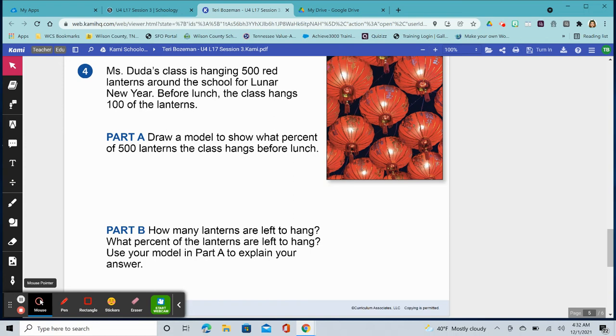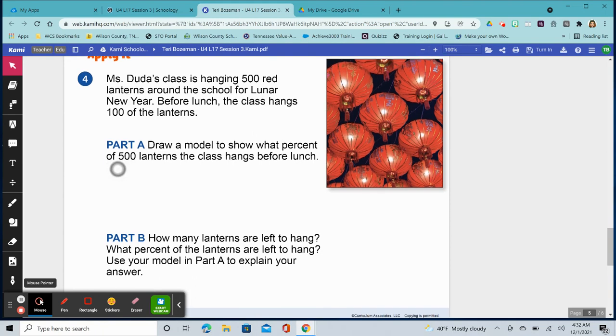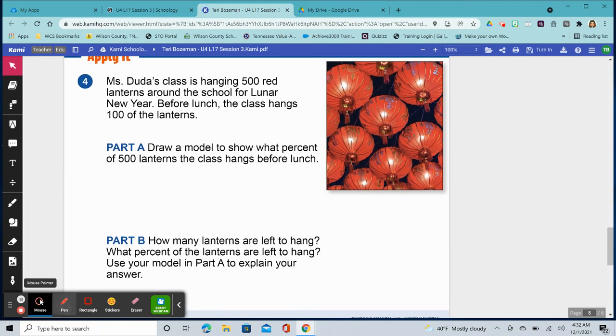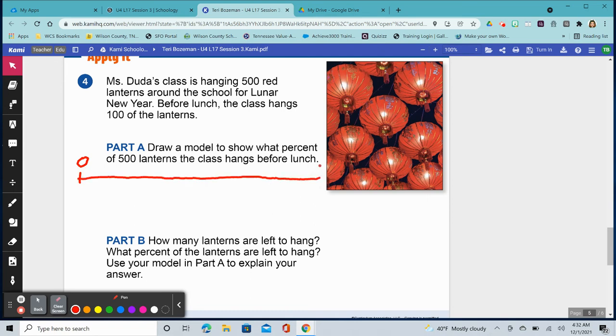So for this particular question, we have a total of 500, right? So 0 to 500. And they've hung 100, right?